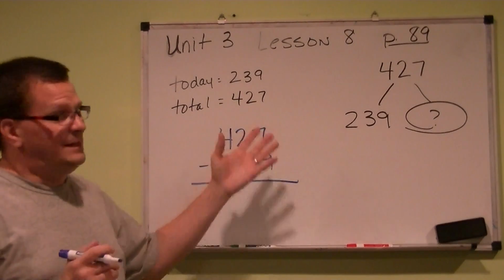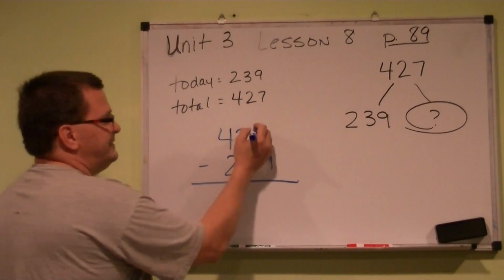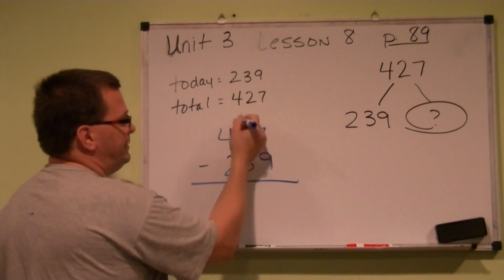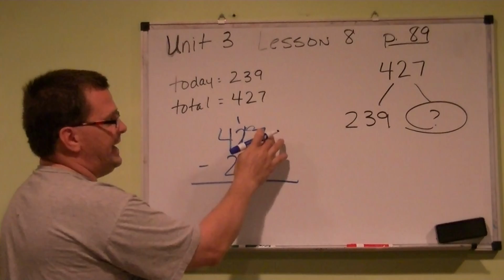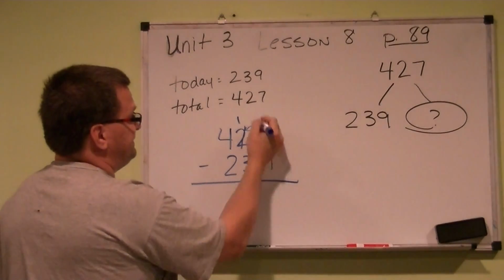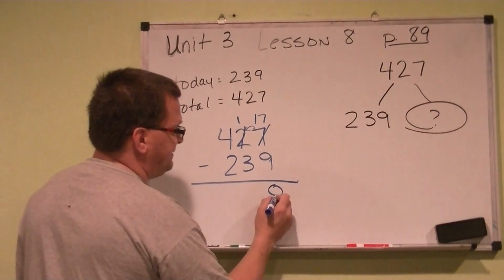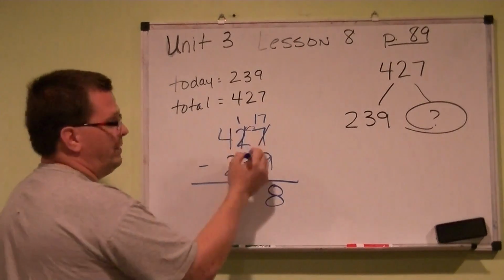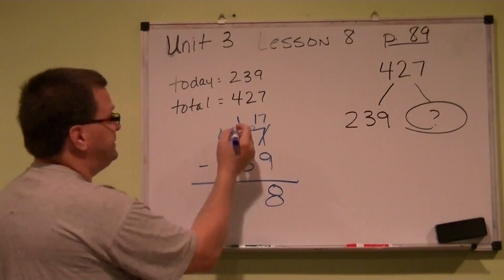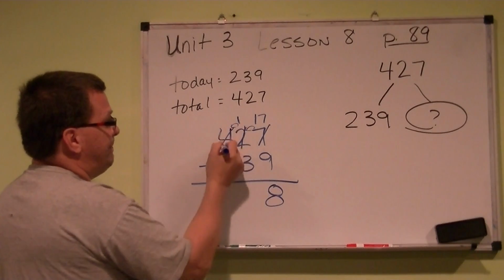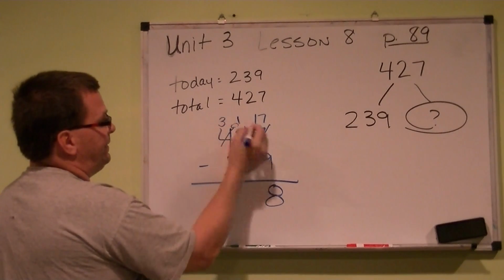7 minus 9 cannot happen, so we have to go to the 10 spot, borrow from the 2, change that into a 1, add 10 to the 7, makes it 17. 17 minus 9 will give you 8. 1 minus 3 can't work, so we have to go to the 100 spot, borrow from the 4, make that a 3.